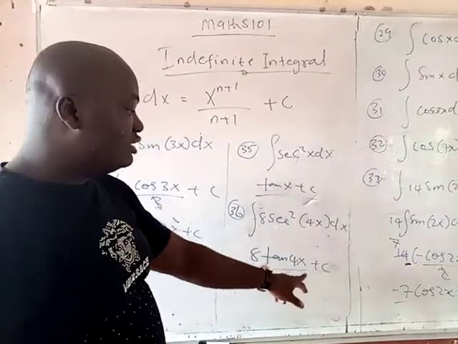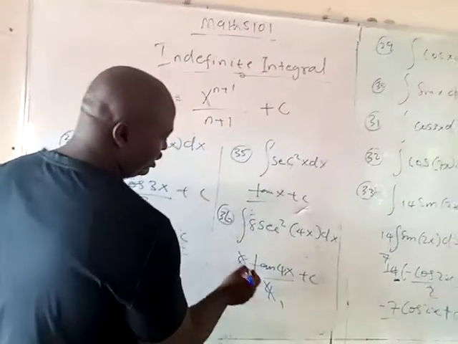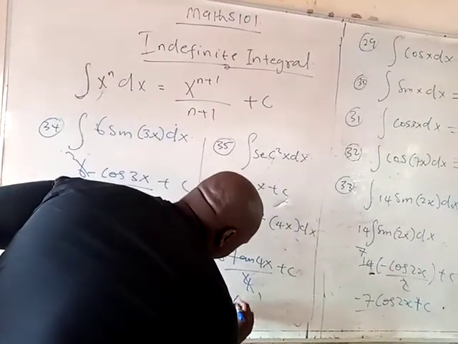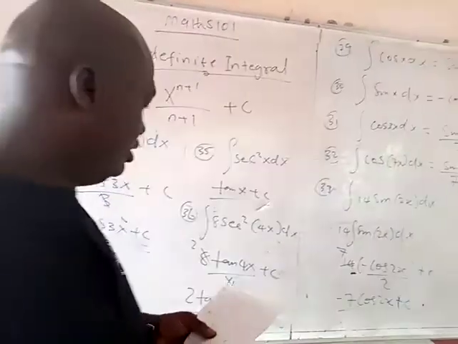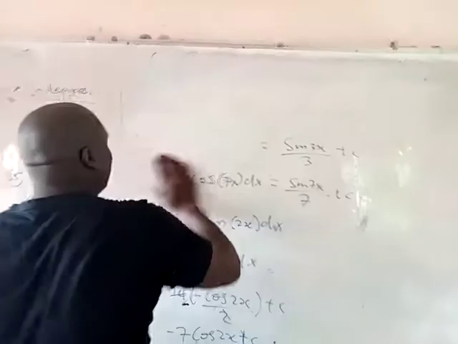Here the coefficient of x is 4, that's why I'm dividing by 4. So here is 8 divided by 4, which is 2. So you have 2 tan 4x plus C.